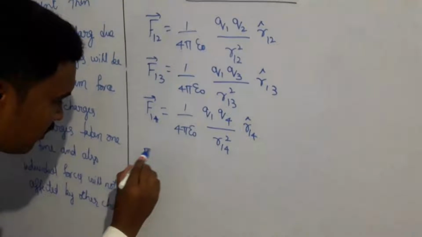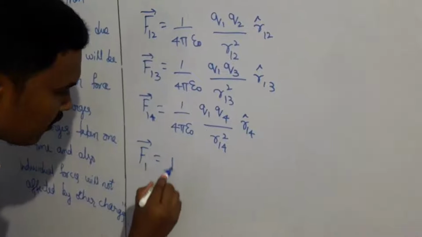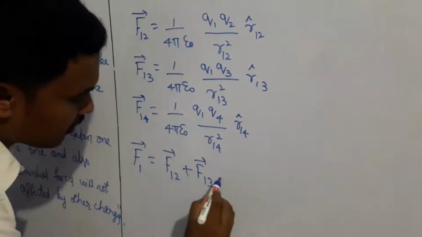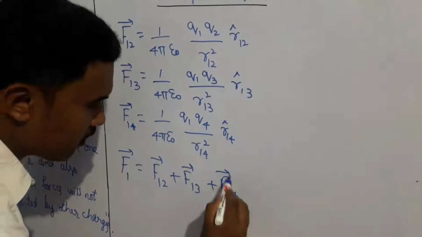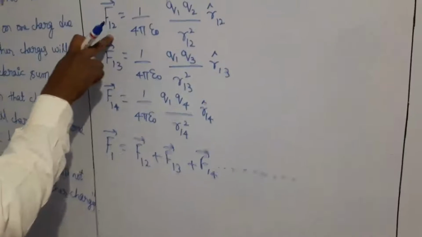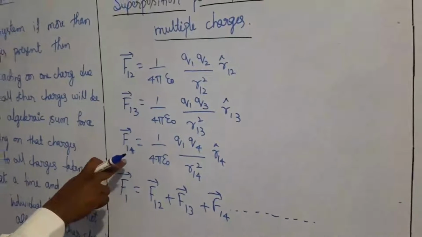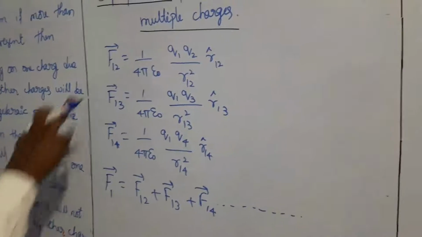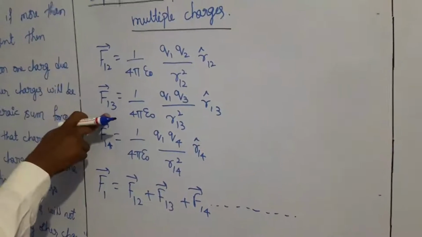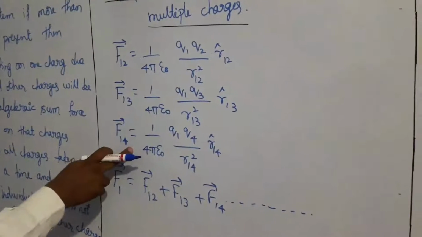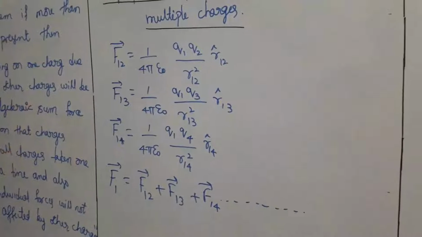Net force F1 will be equal to F12 plus F13 plus F14 and so on, taken one at a time, because we found F12, F13, F14 one at a time by Coulomb's law. We are not taking all the forces at a time. And also F12 is not affected by F13, and F13 is not affected by F12, and F12 is not affected by F14. Means individual forces are unaffected by other charges.